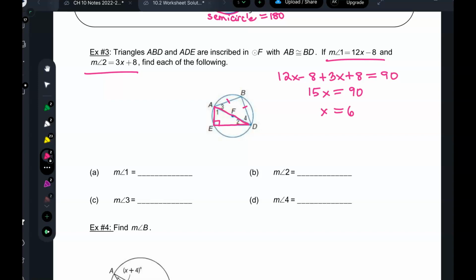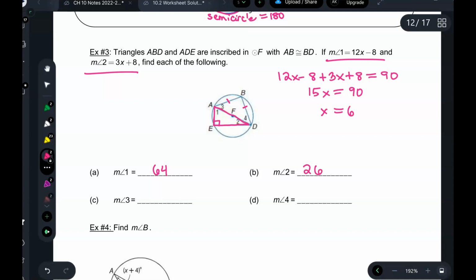So 6 times 12, 72. 72 minus 8, 68. Okay, plug it back into angle 2. 3 times 6 is 18. 18 plus 8, 26.